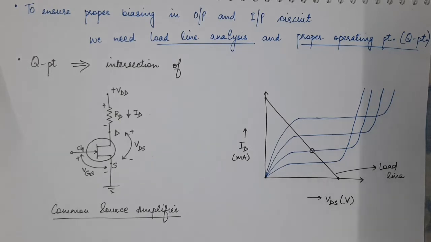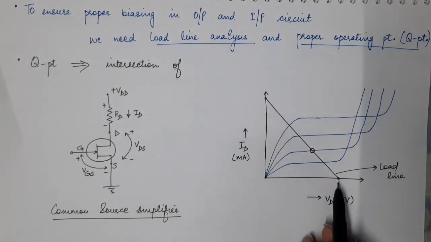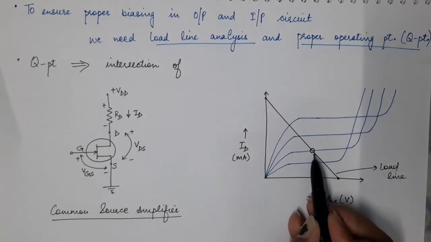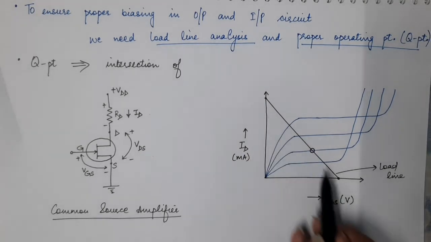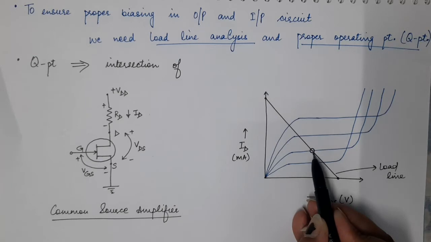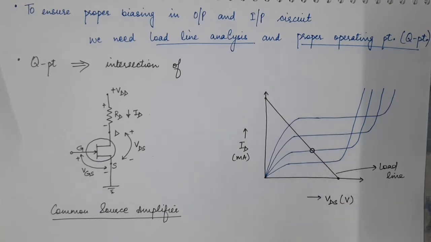That value of biasing voltage will be proper if, when you draw the load line and the characteristic curve, the intersection point of the characteristic curve and the load line comes out to be in the middle of the saturation region. Then the biasing is proper and there will be no distortion in amplification, and no part of the input signal will be clipped or removed.